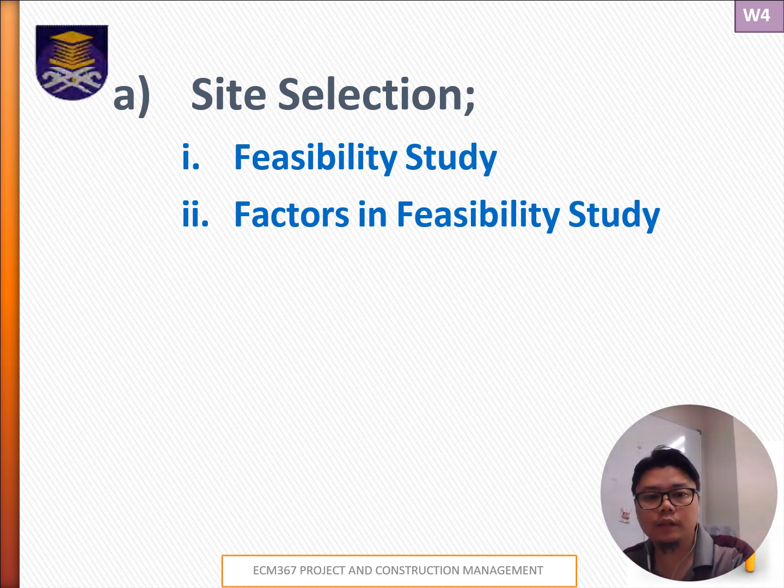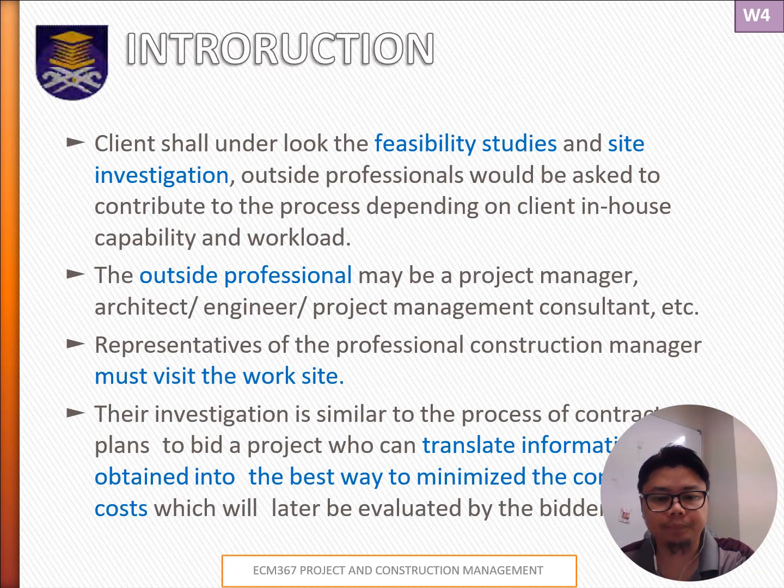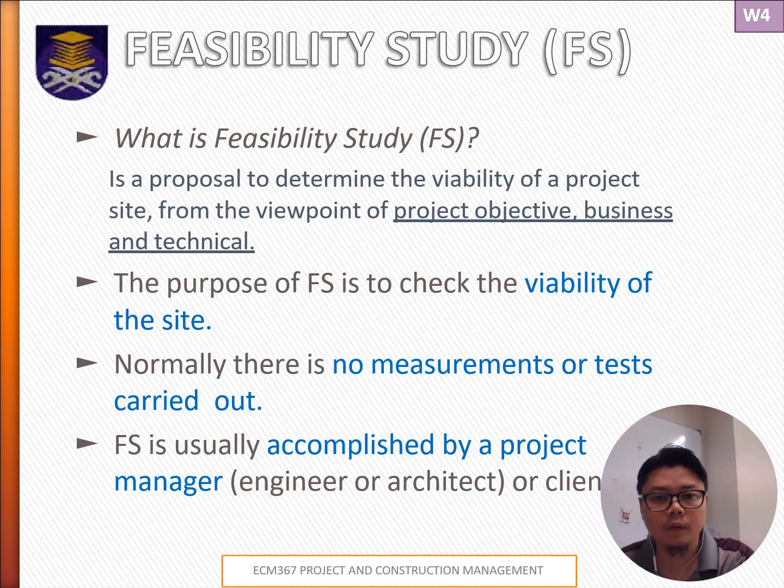Okay, so there are two parts under site selection: feasibility study and factors to be considered under the feasibility study, or FS. The short abbreviation is FS for the feasibility study. All right, so this feasibility study is the crucial step when we are doing site selection. Without detailed measurements or tests, it assesses the project's viability from a business and technical standpoint.